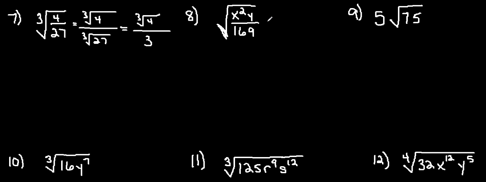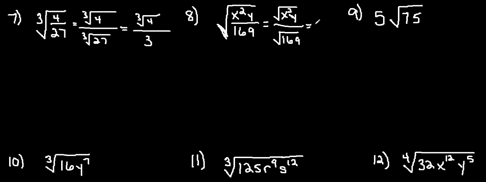Moving on, this would be the square root of x squared y over the square root of 169. And from here, the square root of x squared would be, take 1 out.